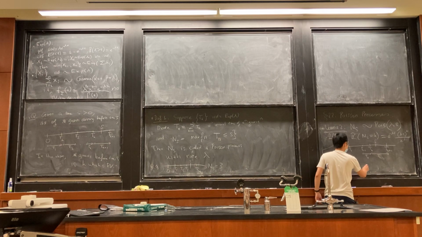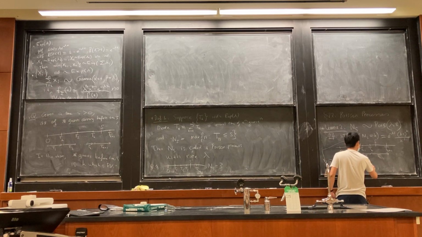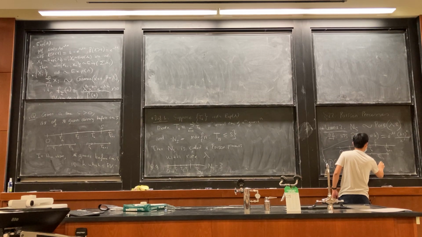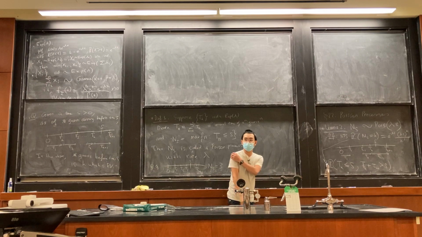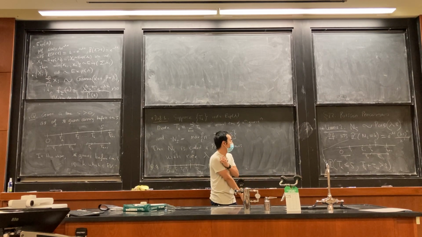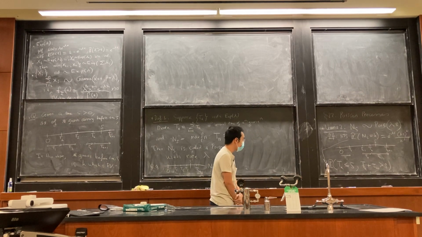In other words, capital T_k plus the little tau k plus 1 has to be greater than s. That will guarantee N_s is k. I can only have k arrivals before time s.